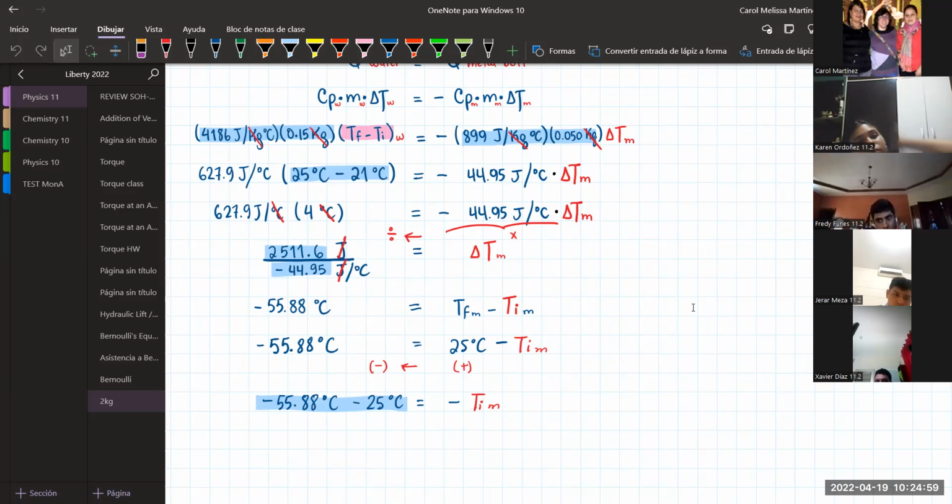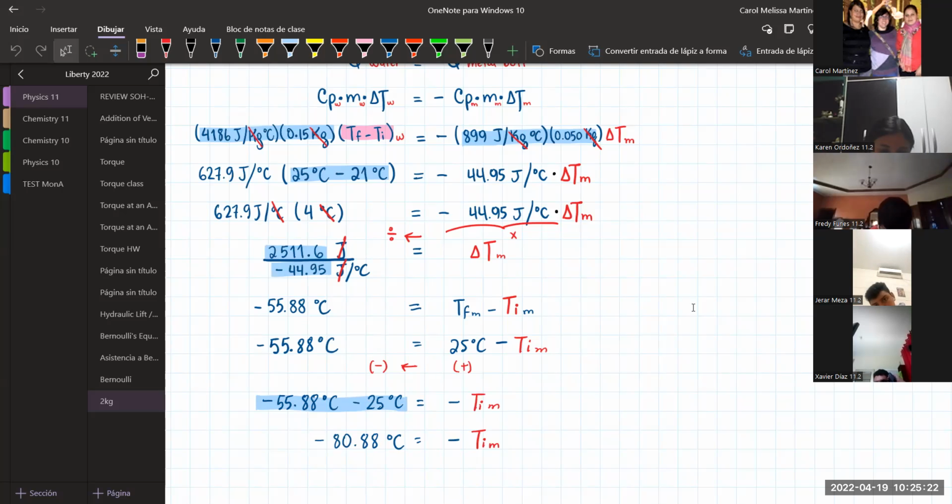How much is this? Negative 80.88. So negative 80.88 degrees Celsius is equal to negative initial temperature of the metal bolt.